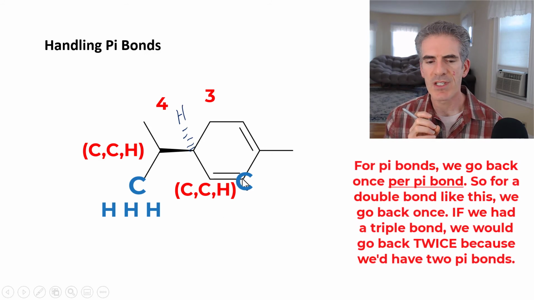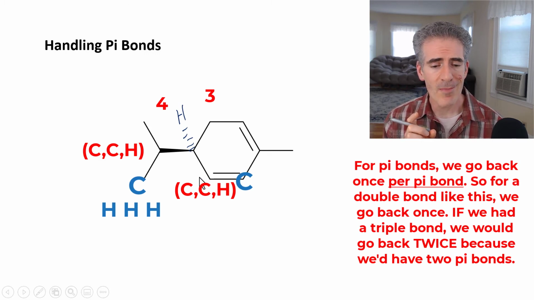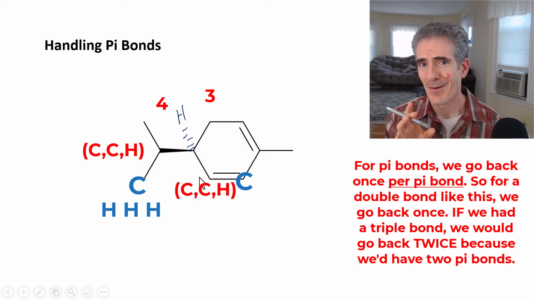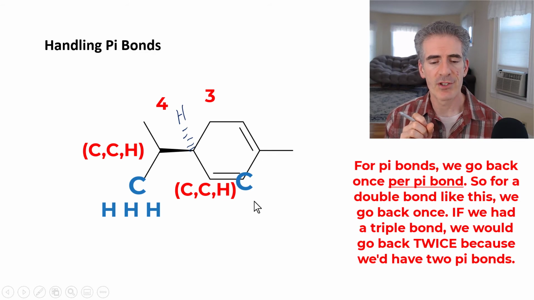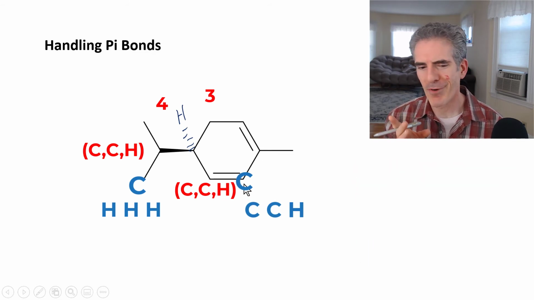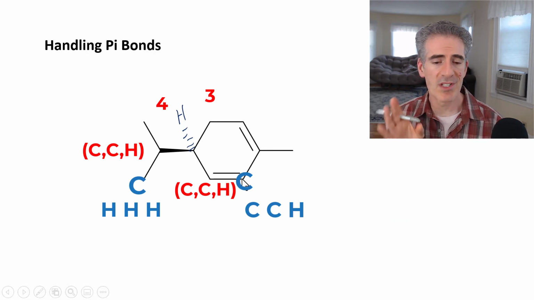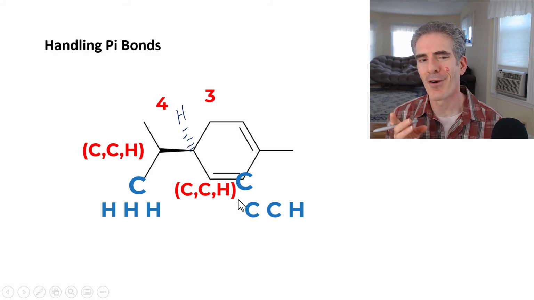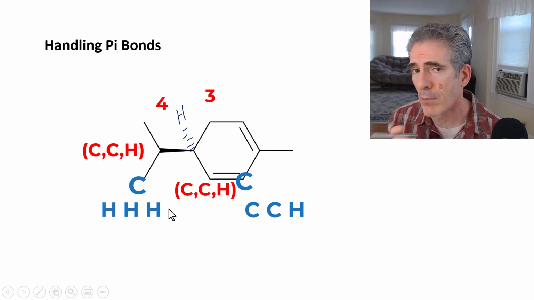We look at this and we say, this carbon is going off to carbon. On a pi bond, we go back one time. This is going to carbon, carbon, and hydrogen. So that's going to be higher priority. This here that is going to carbon, carbon, and hydrogen is a higher priority than this carbon going to hydrogen, hydrogen, hydrogen. Again, we're doing it by atomic number.